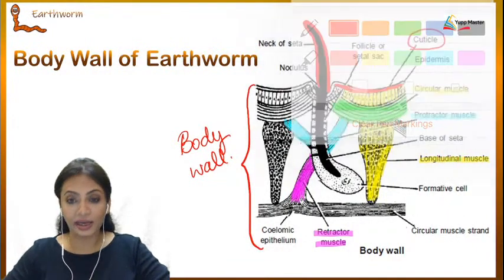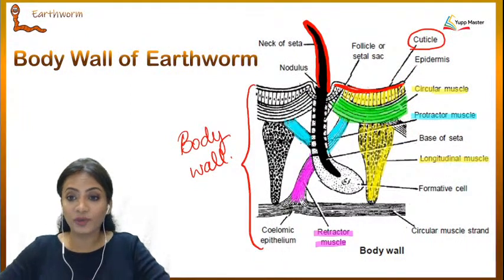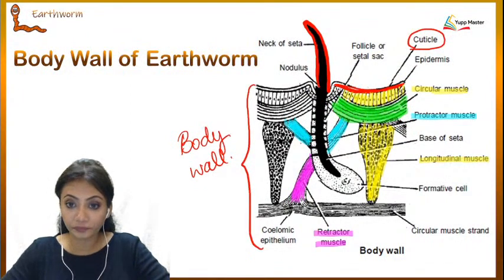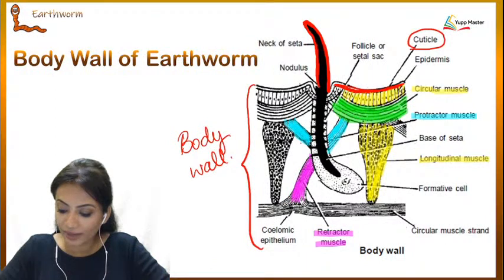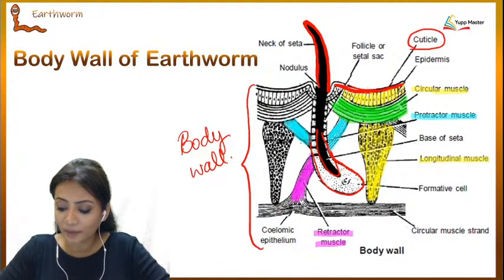Also we can see that attached to the setae we have the base of the setae. Okay, so can you see how you have this base of the setae over here, and this is the whole sac in which the setae is situated.